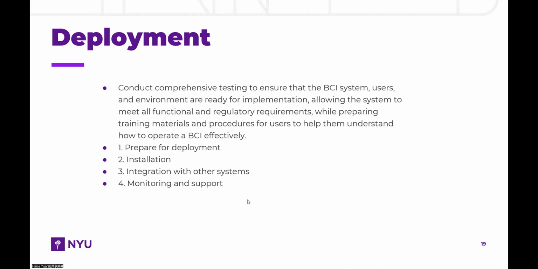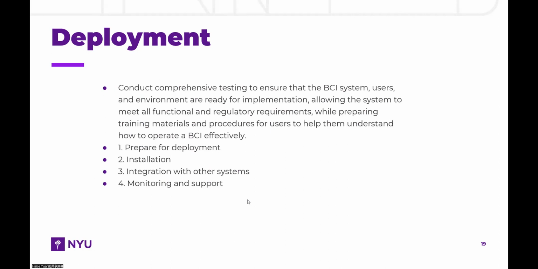Conduct comprehensive testing to ensure that the BCI system, users, and environment are ready for implementation, allowing the system to meet all functional requirements.